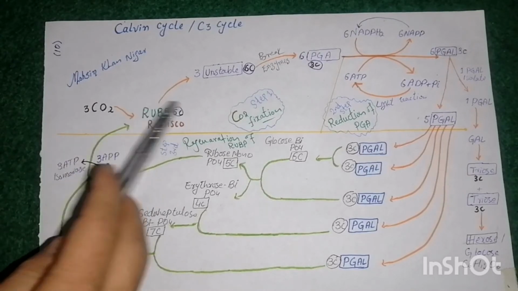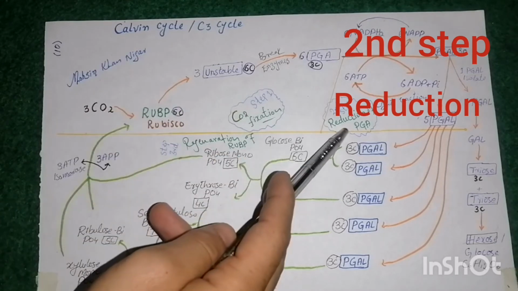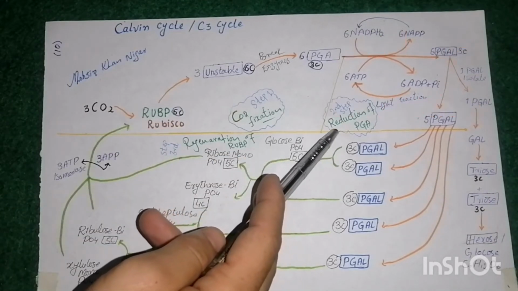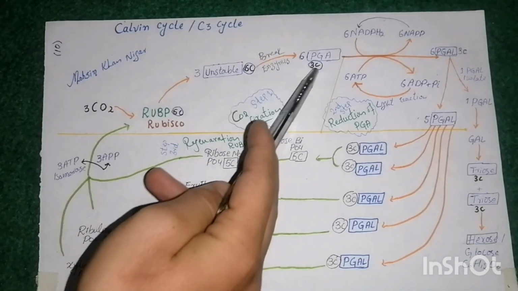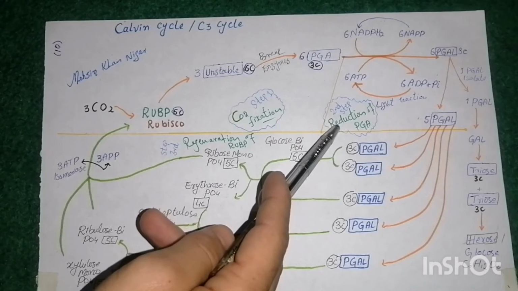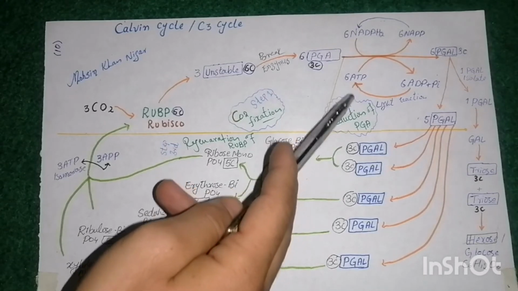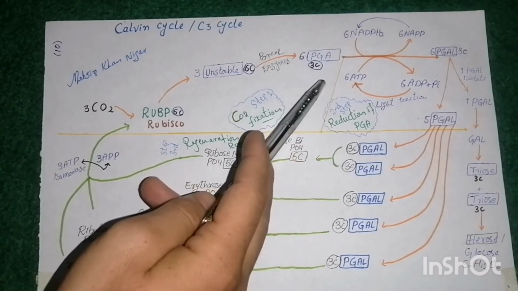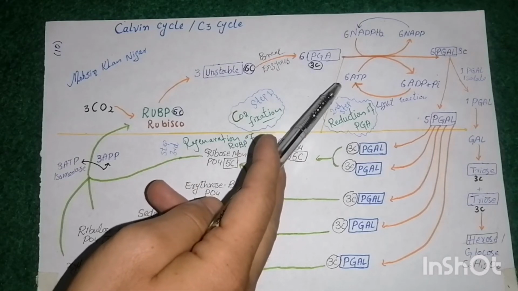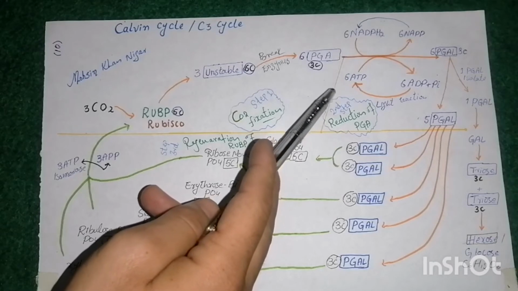The next step of the Calvin cycle is the reduction of PGA, phosphoglyceric acid. Now this PGA will react with the products of the light reaction. In the light reaction we have said that ATP and NADPH2 are formed.